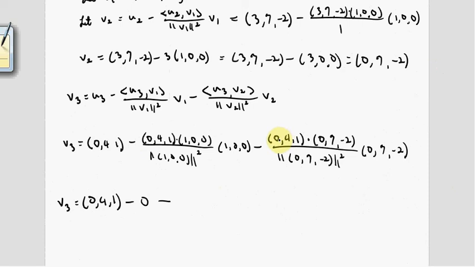Minus the dot product over here as 0, 28 minus 2 is 26, all over the norm here of 0, 7, and negative 2, so that's going to be 0 plus 49 plus 4, so that's the square root of 53 squared, it's just 53, times the vector 0, 7, and negative 2, right?